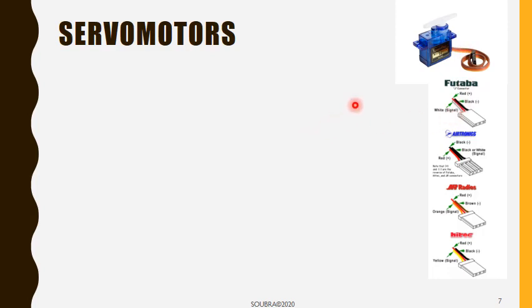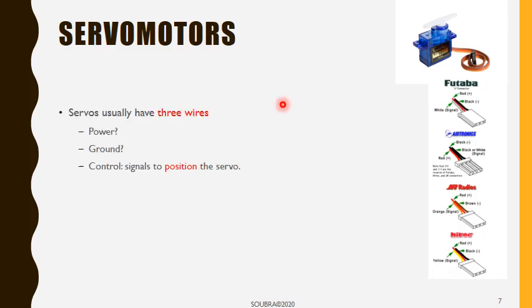Naturally, as I said in the very first slide today, any electronic component that you might be using, sensor or actuator, needs power, so it needs to be connected to the voltage and the ground, and then some control signal. Because the servo is meant to rotate between two different degrees, let's say 0 and 180 degrees, we need some kind of signal to indicate the position of the servo.